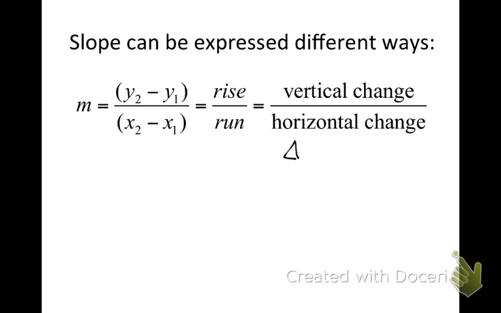Vertical change, or change in, can be represented by a triangle, which is the Greek letter delta. Vertical change is delta y. Remember, the y-axis runs up and down. Horizontal change, delta x. Remember, x-axis runs left to right. So if you write vertical change over horizontal change that way, you will look like you know what you're talking about, even if you don't.